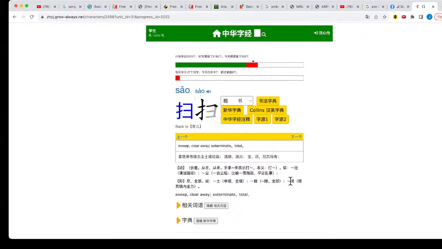There's also another meaning of total, as in 扫境, which means you sweep through the entire territory, so it means total, complete.